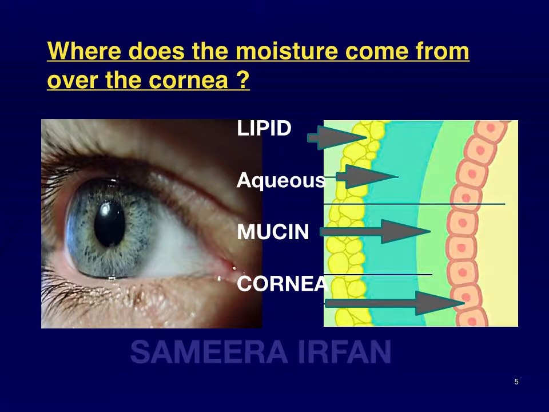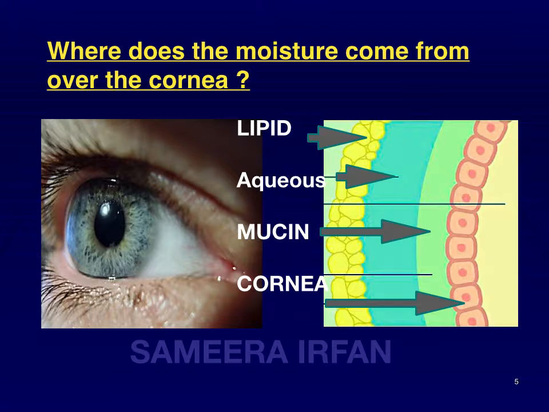The lacrimal glands and the accessory lacrimal glands in the eye produce the liquid component of the tear film, that is, the aqueous, known as the tears. Those tears produced by the lacrimal glands are directed by the lacrimal duct to the lateral canthus of the eye.